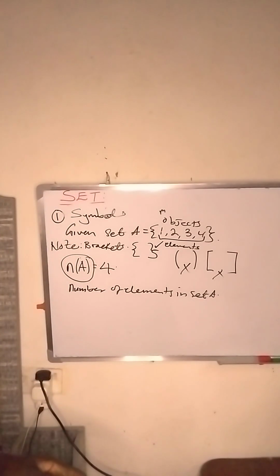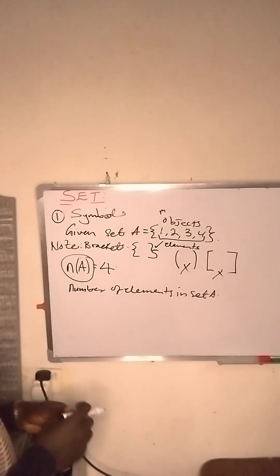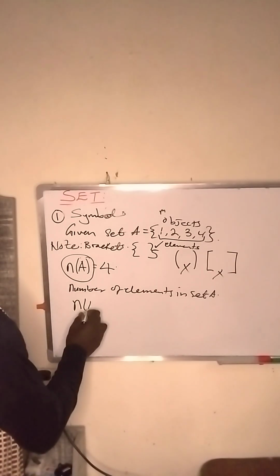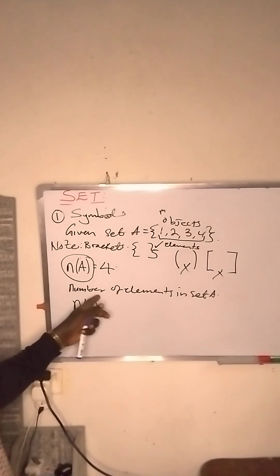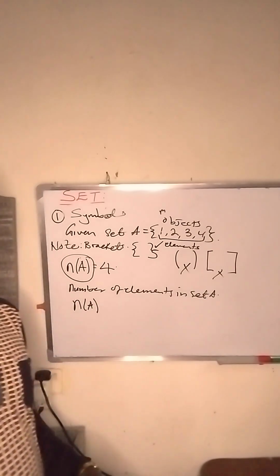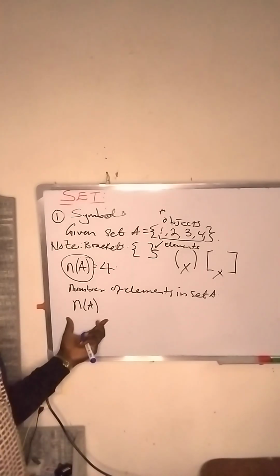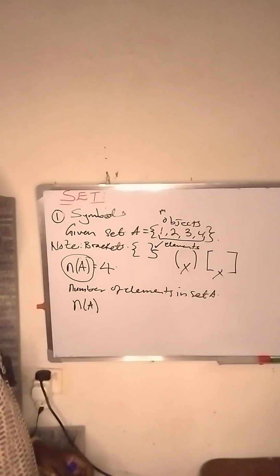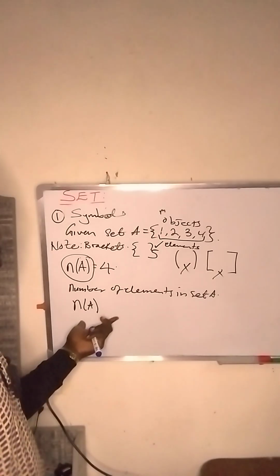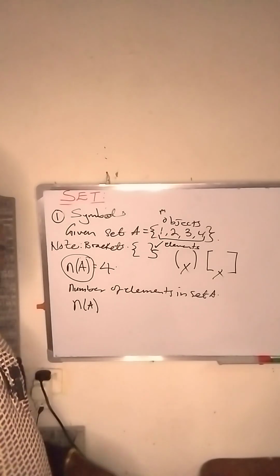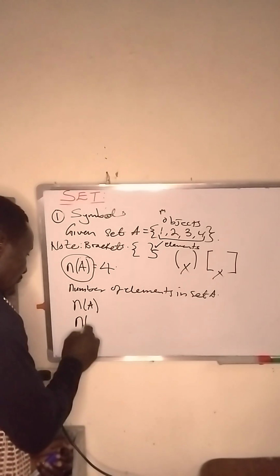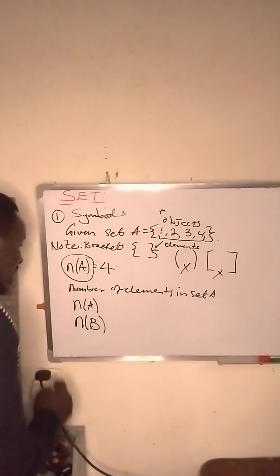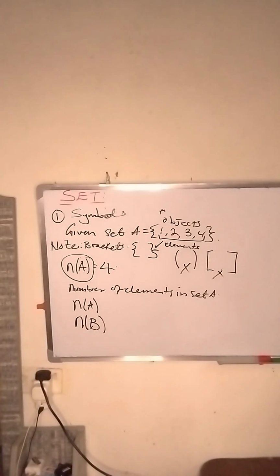And in most cases, whenever we are writing this statement, it is as if instead of writing this big statement, "number of elements in set A", we use this symbol and we say this is the number of elements in set A. If we have another set B, you say number of elements in set B, you just note it like that.